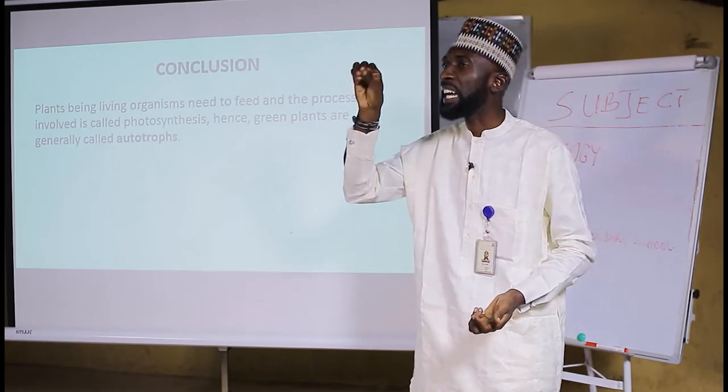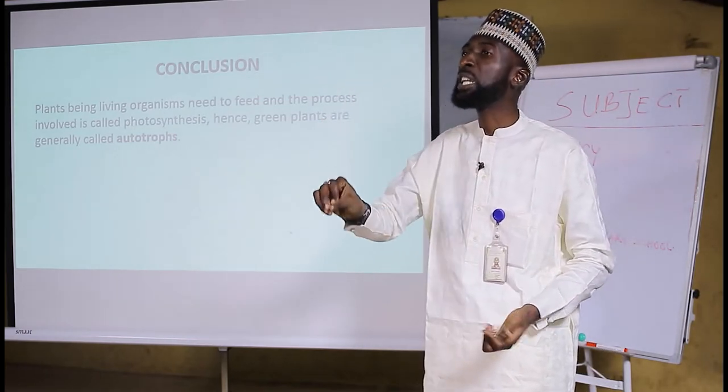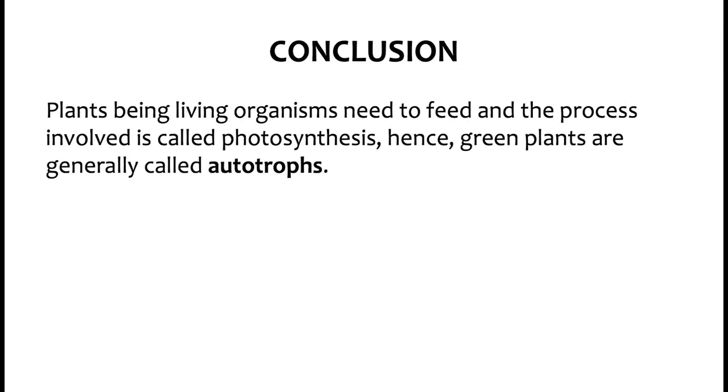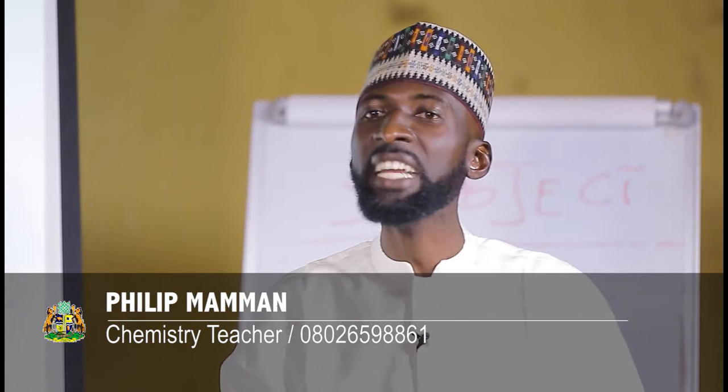And that is what makes plants to be called autotrophic living organisms, or autotrophs, meaning that they have the ability to produce food by themselves when certain conditions are available. And those conditions we have just mentioned: carbon dioxide, water, sunlight, chlorophyll, suitable temperature, and enzymes. So when these are present, the plant has the ability to carry out the process of photosynthesis.